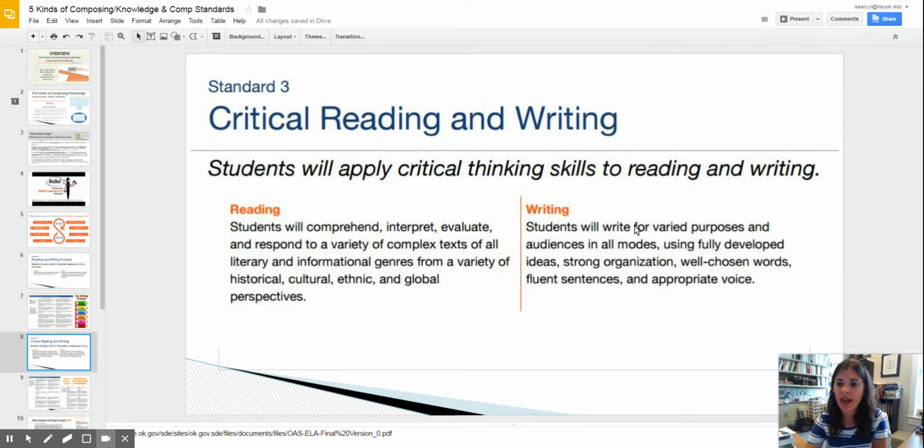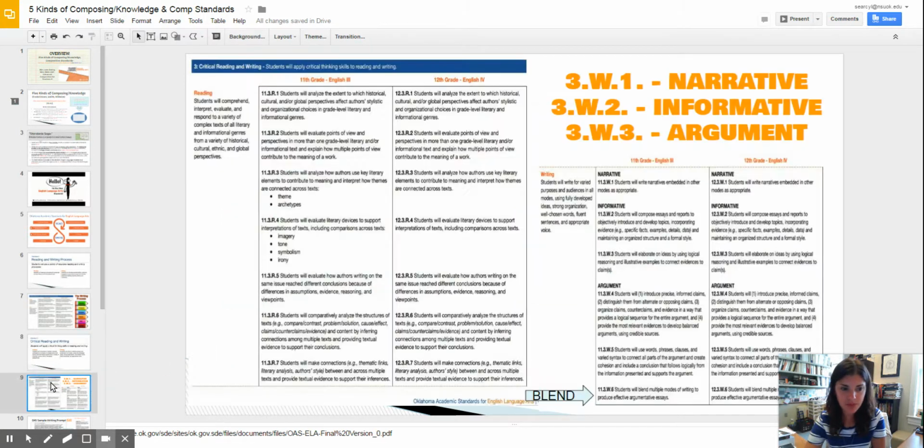We will also write for varied purposes in all modes, using fully developed ideas, strong organization, well-chosen words, fluent sentences, and appropriate voice. And a lot of times, these are called the 6 traits of writing. And I will talk about more of that when we talk about evaluation and assessment of writing. So Standard 3 is critical reading and writing.